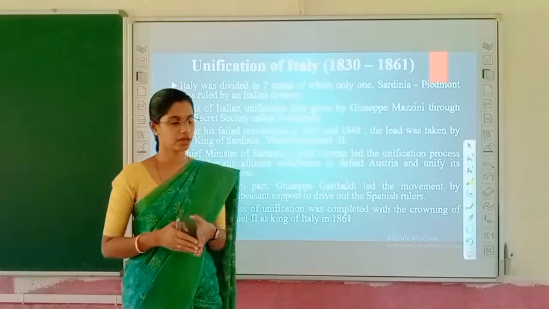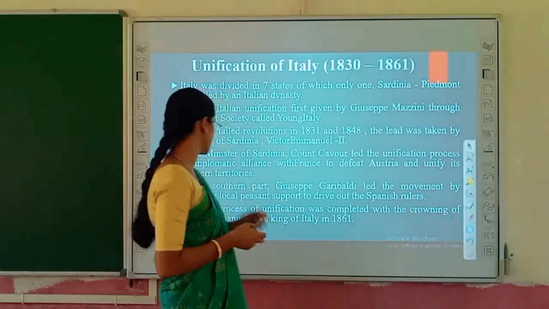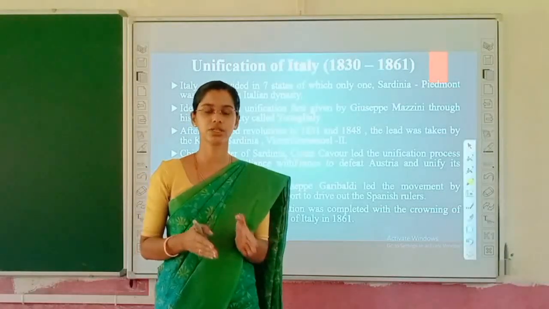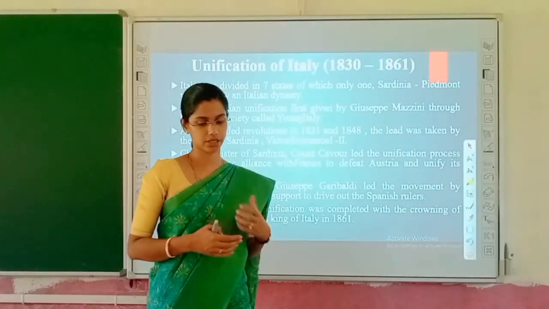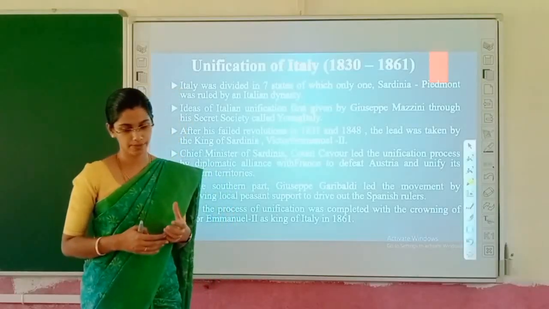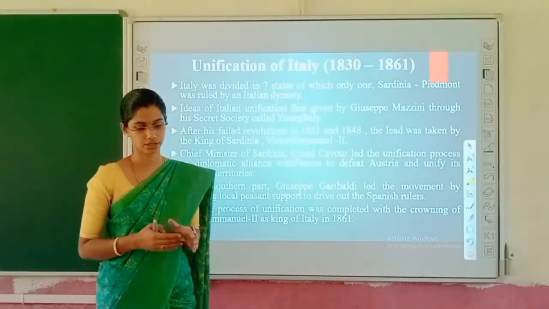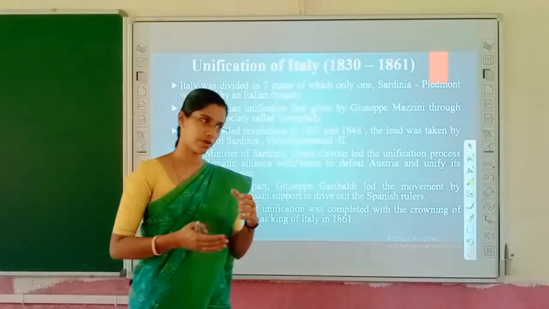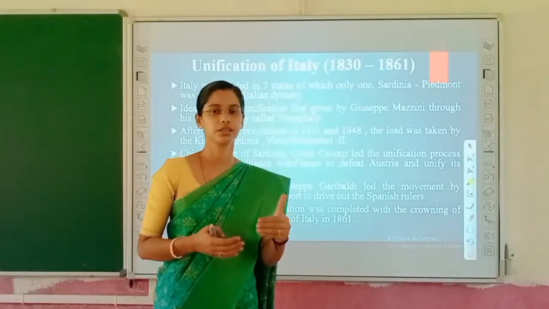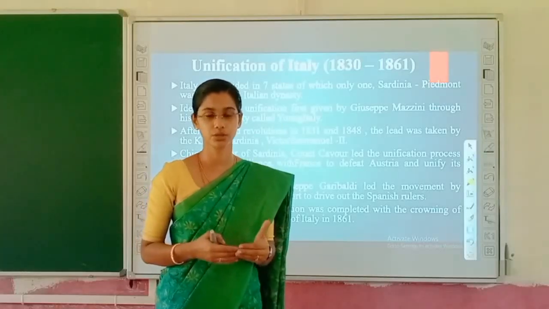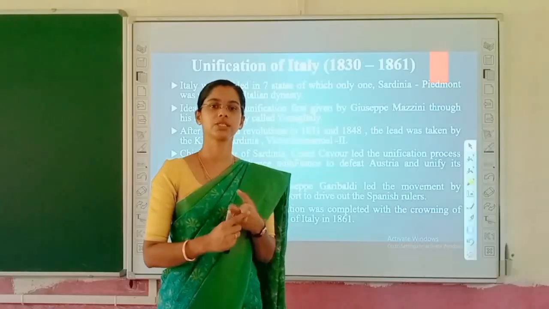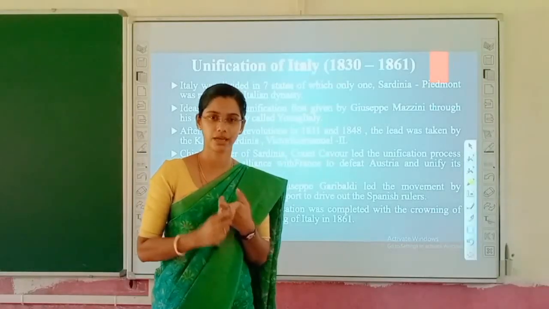And at last, in 1860, they marched into South Italy, and in the kingdom of the Two Sicilies they succeeded in driving out the Spanish rulers with the help of the local people. That means one of the main roles in the unification of Italy was played by the armed force headed by Giuseppe Garibaldi.